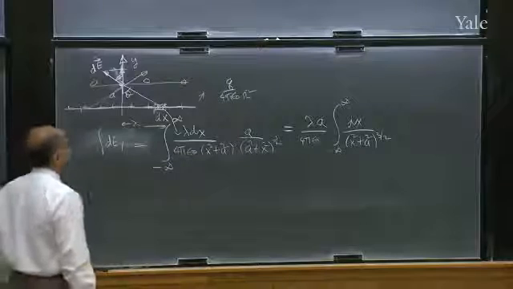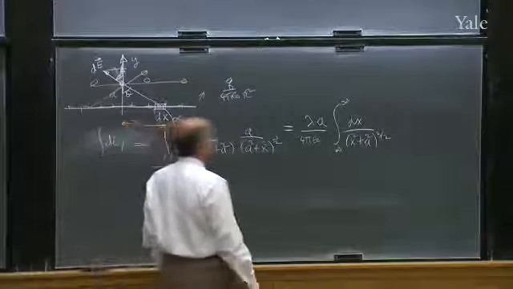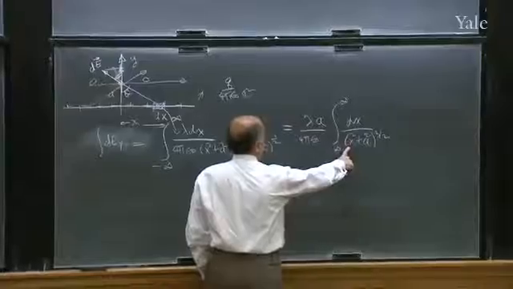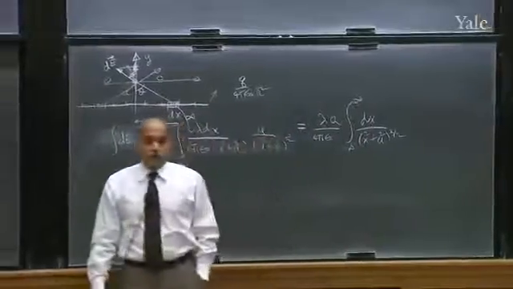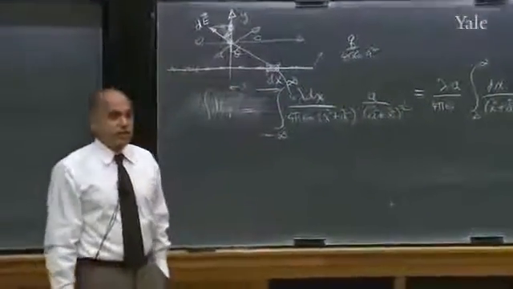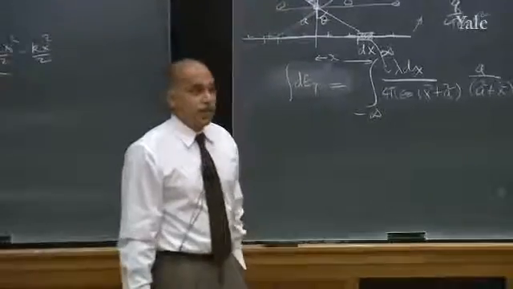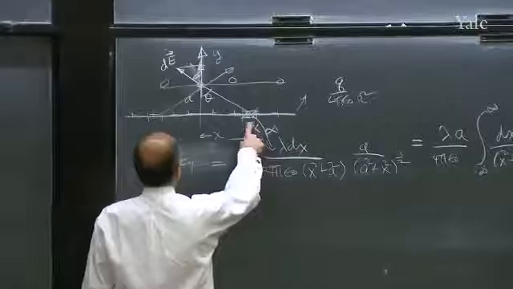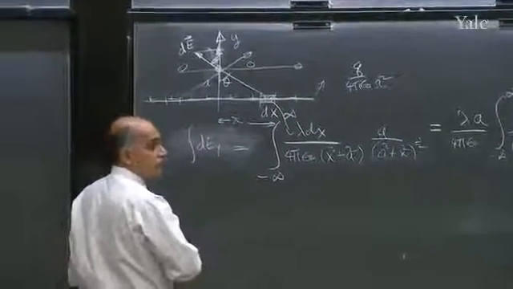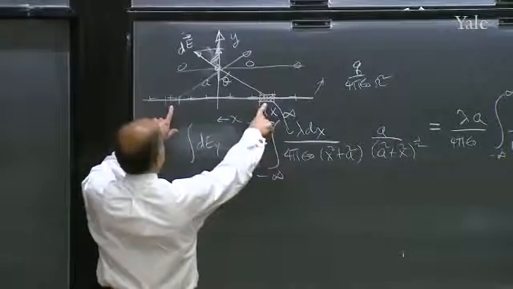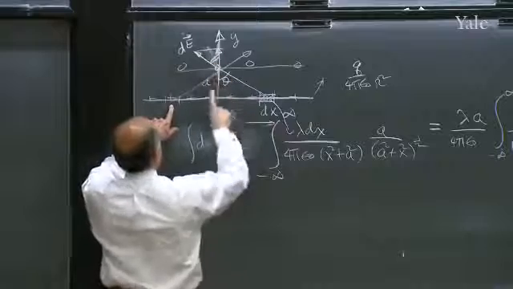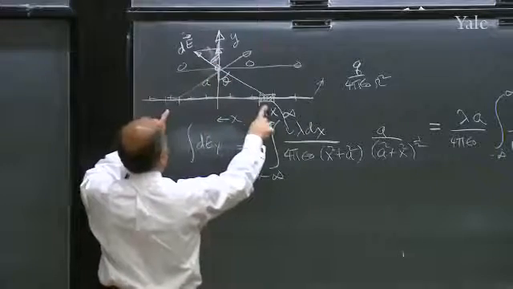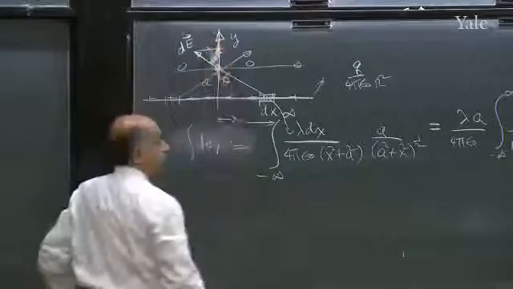Now, I can make life a little easier by saying that this function is an even function of x. That means when you change x to minus x, it doesn't care. Therefore, the contribution from a positive x region is the same as the contribution from a negative x region. That also makes sense in this picture here, because if you look at the field I'm computing, this section and this section give equal contributions in the y direction.